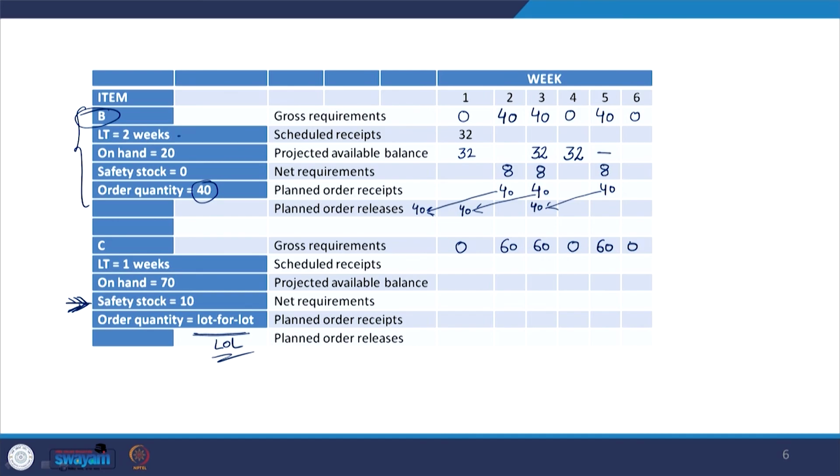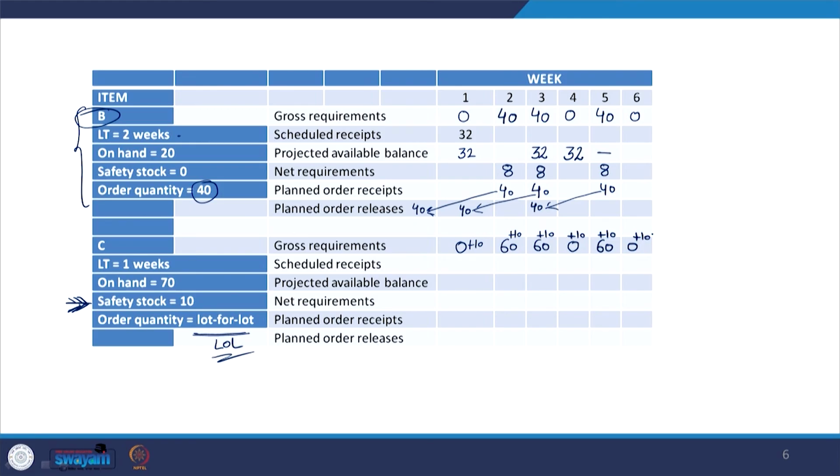Now, in this gross requirement you need to see that safety stock is also to be added. You also need to maintain the safety stock. So, all the time you need to add safety stock. We need to have whatever is required plus safety stock.